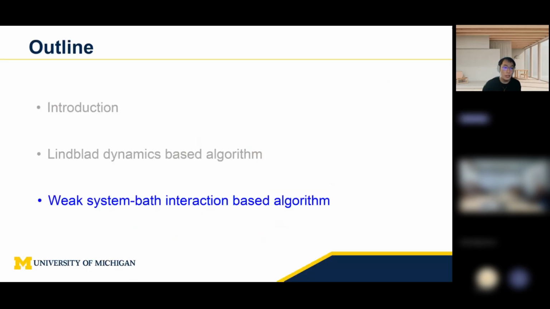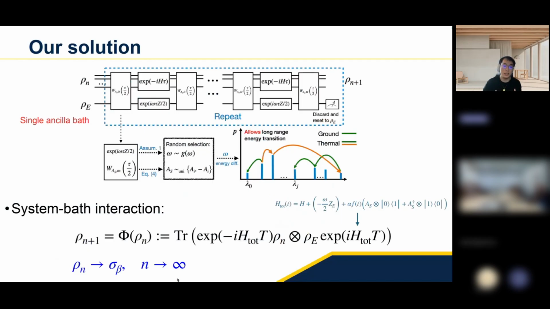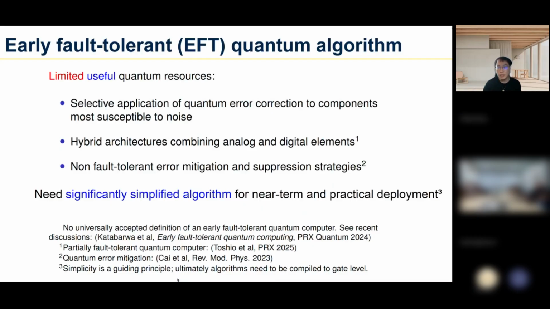Now I will go to the last part of my talk. I think you are pretty convinced that the linear dynamics-based algorithm can help us prepare the thermal state and the ground state. Then the question is, why do we still care about the weak system-bath interaction-based algorithm? The answer is simplicity.